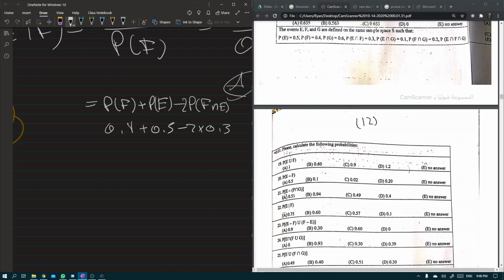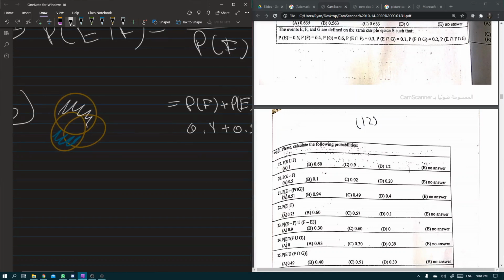Why did you do 2 times? I don't get it. Okay, so usually we will find this area, which is everything minus the center. So we just find F union E, which is F plus E minus the intersection. Then we subtract the intersection again, so we get this part.